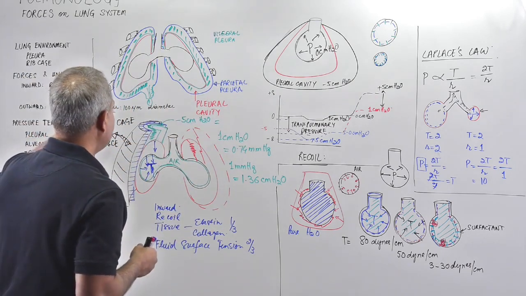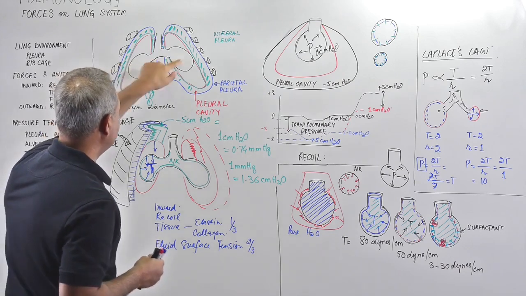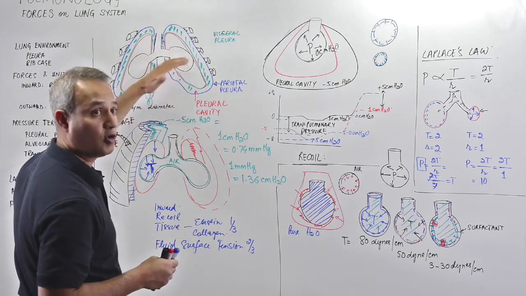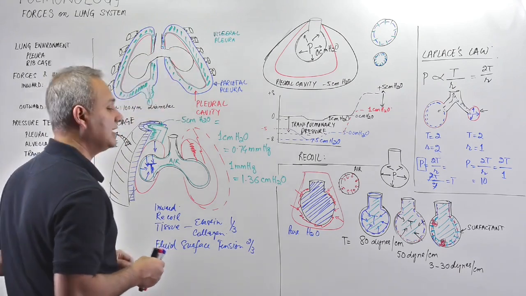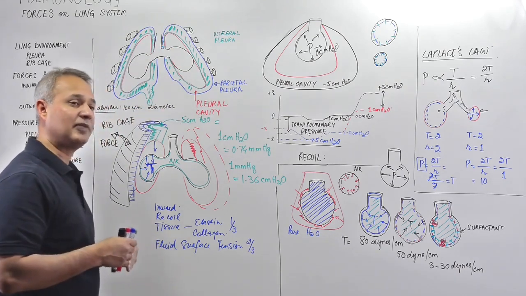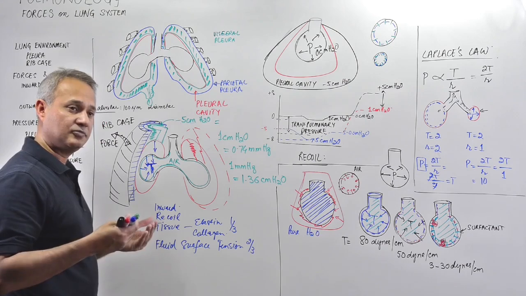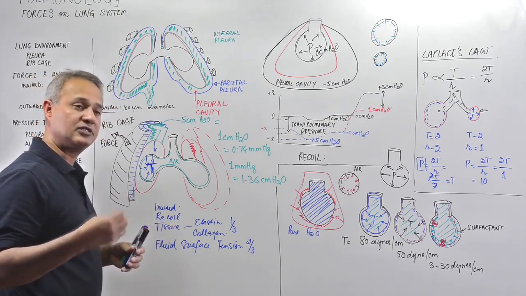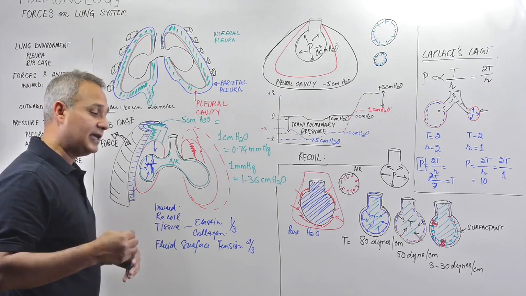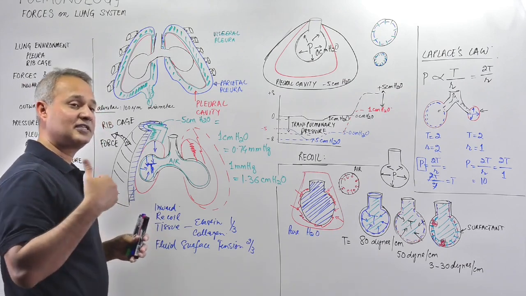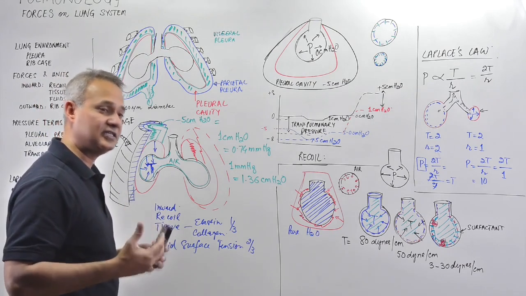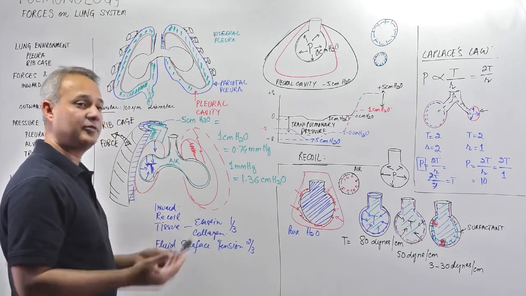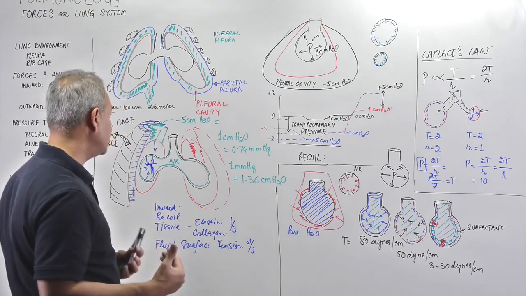Then the alveoli in here. What I had done was I made one alveolus representing the whole lung, or all the alveoli. Normally an alveolar diameter is about 100 micrometers. In smaller babies or premature babies, these alveoli are smaller. In the patients who are experiencing diseases that cause atelectasis, in which the alveoli start shrinking and collapsing, their diameter also would start reducing.